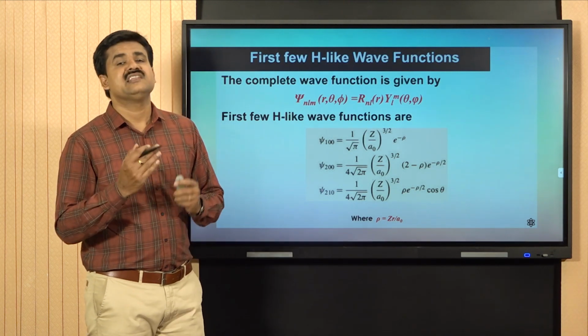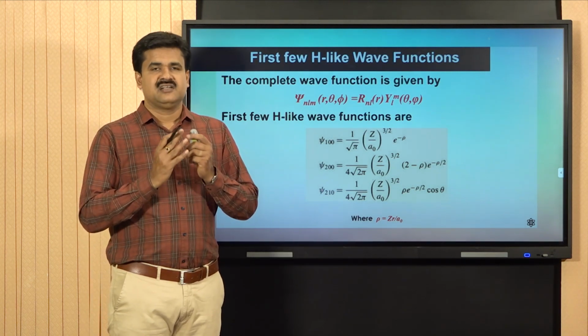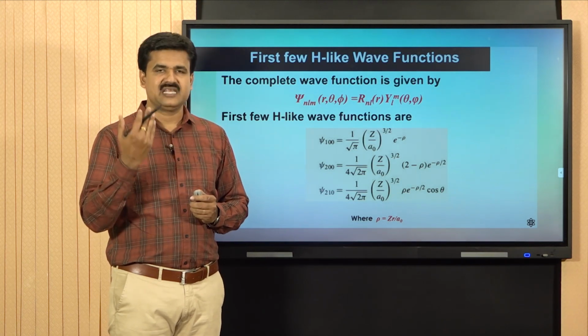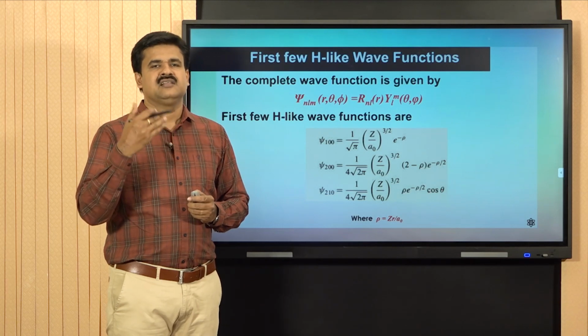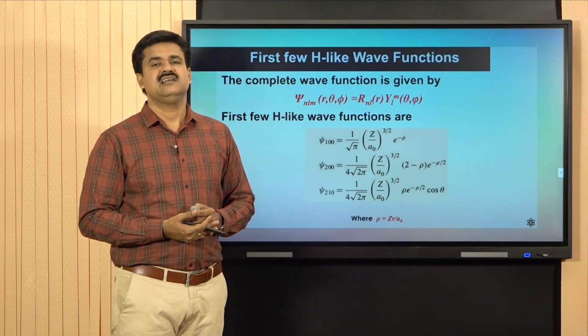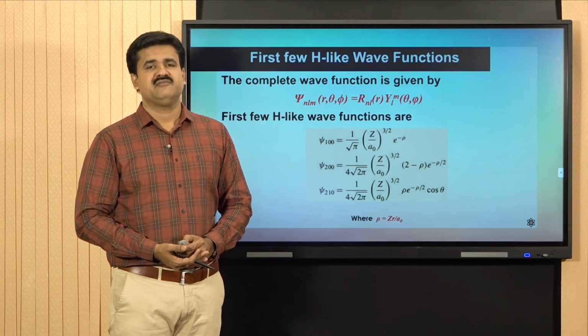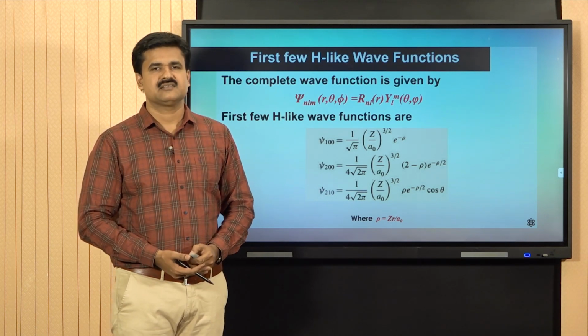Thus, in this discussion, we have studied the R equation, its complete solution, and the complete hydrogen-like wave functions, that is all about the hydrogen atom problem. Wish you a nice learning experience. Thank you.